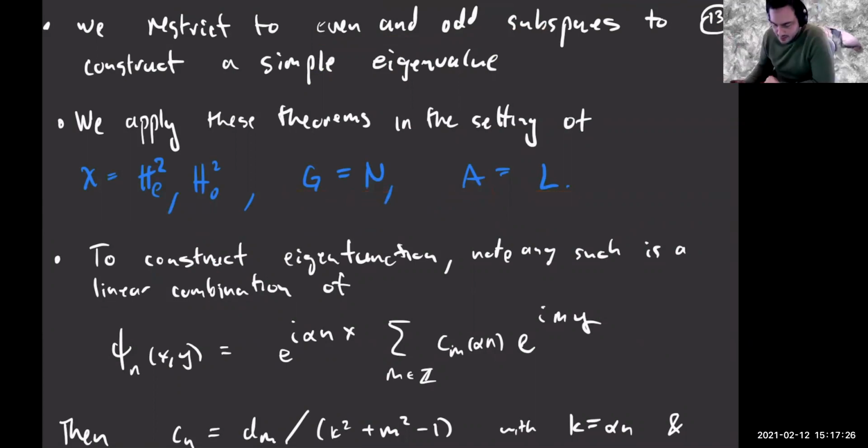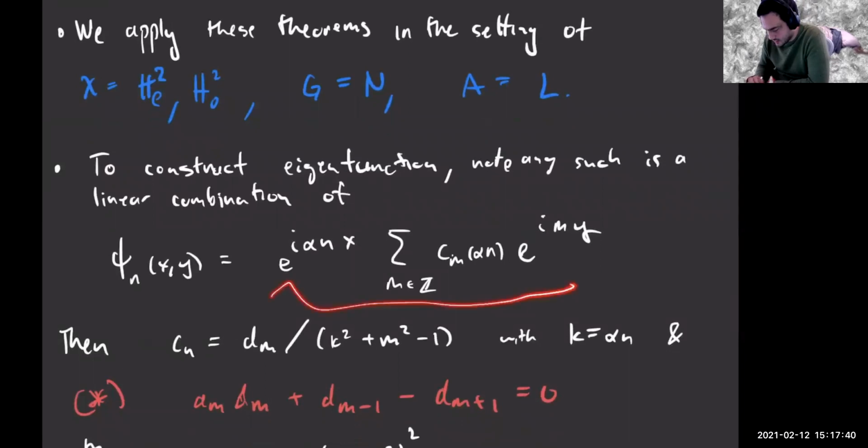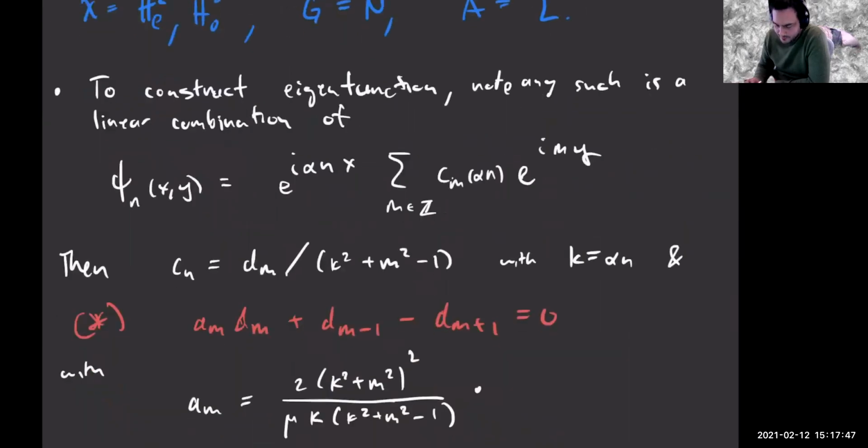So now what remains is to actually construct an eigenfunction of the linearized operator. And you can use Fourier to do this. So the eigenfunction is some linear combination of phi n, which is given, say, like this. If you insert this into the equations, you can derive a recursion relation for the coefficients Cm, which are functions of n.